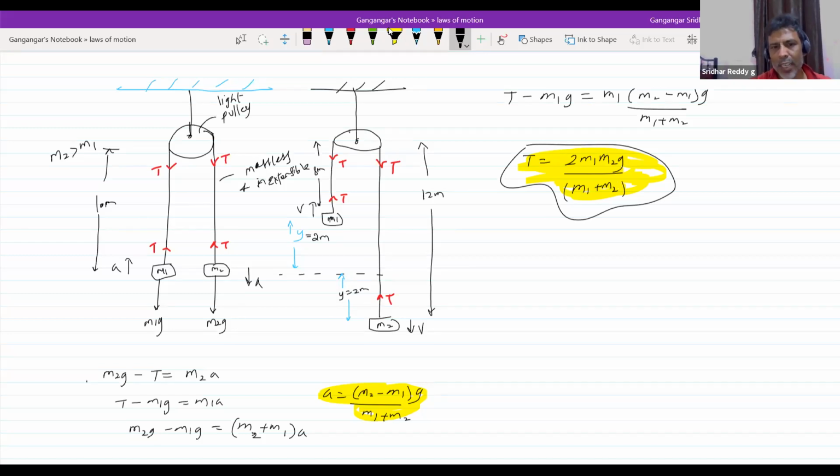The word inextensible plays a very important role. How much tension is in the upper part of the rope? Shall I write 2T? If the pulley has a mass, then you have to enter into the rotational mechanics chapter.